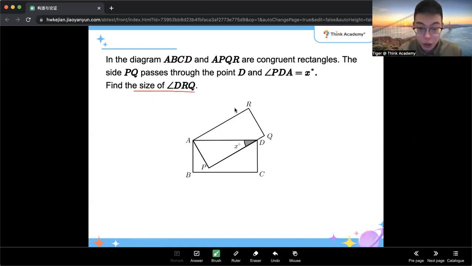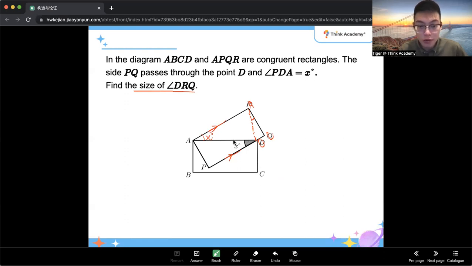So if you are to do the size of DRQ, of course, you want to find out which angle it is first, right? So DRQ, it's that angle. So after that, you just need to observe it. And if you can see that this is parallel, this is going to be the same as x, right?